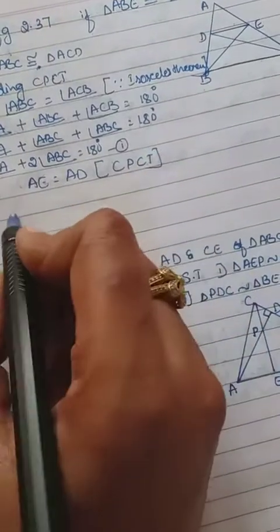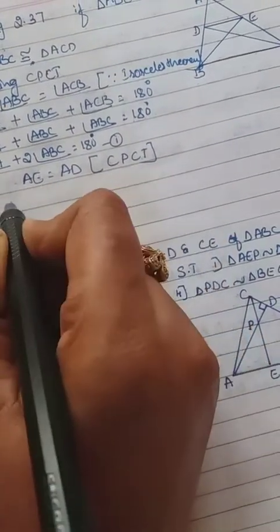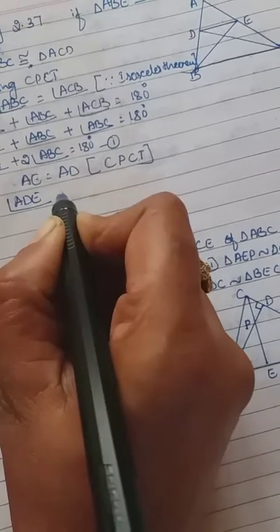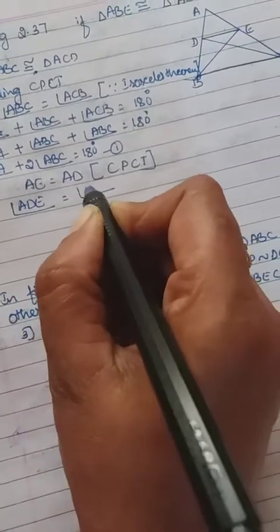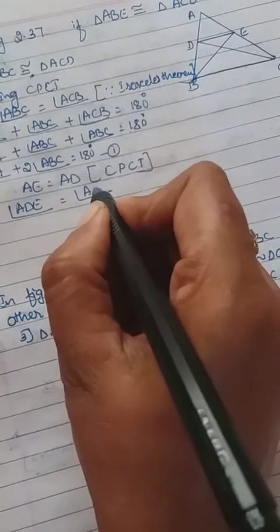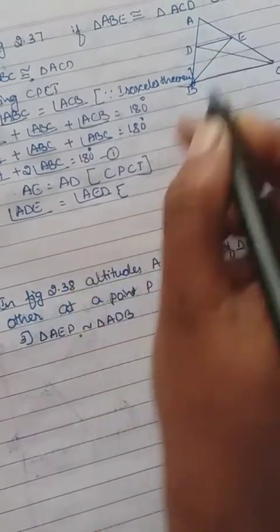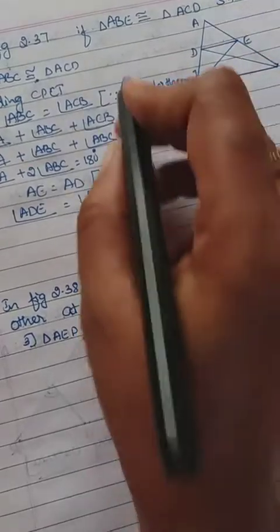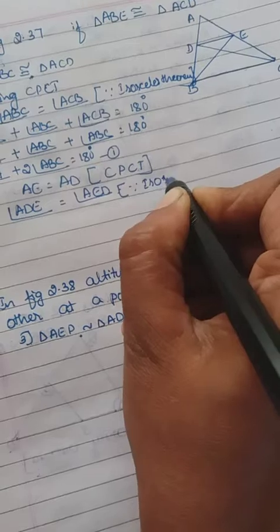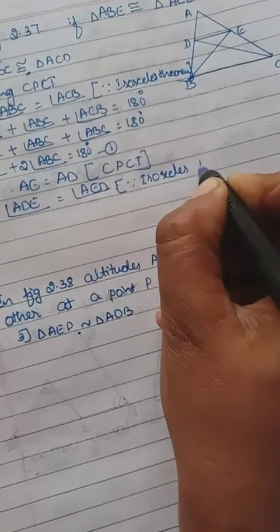Then if AE equals AD, angle ADE equals angle AED, again because of the same isosceles theorem.